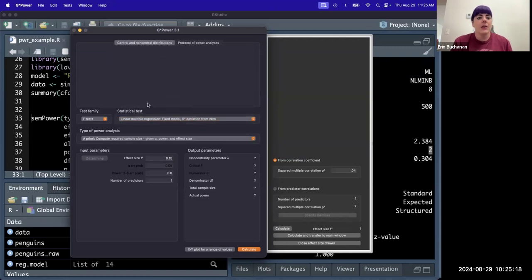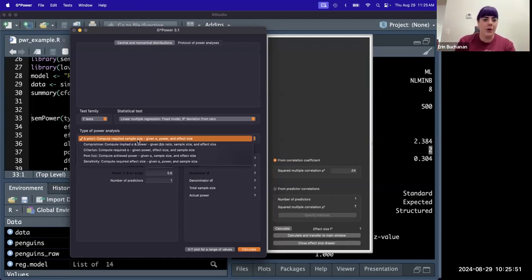I tend to use linear multiple regression because ANOVA and t-tests are just a special type of f-test. Everything that we tend to do, until you get into structural models and all that jazz, ANOVAs and t-tests are all just simple, weird regressions. So if we keep that in mind, regression can solve most of our power analysis problems.